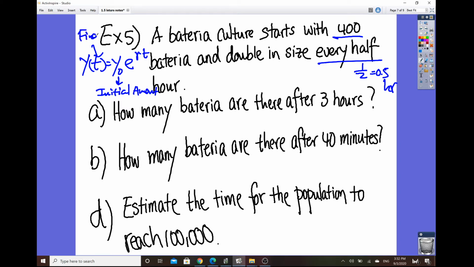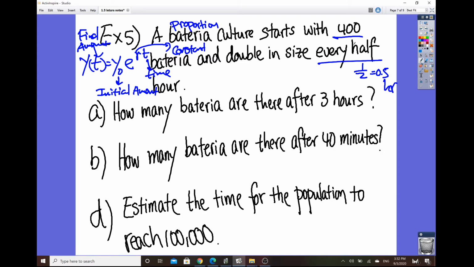And e is just the exponential constant. And what about that r right here? r is called the proportion constant. You can say it's just a regular constant here. And then t is obviously the time.